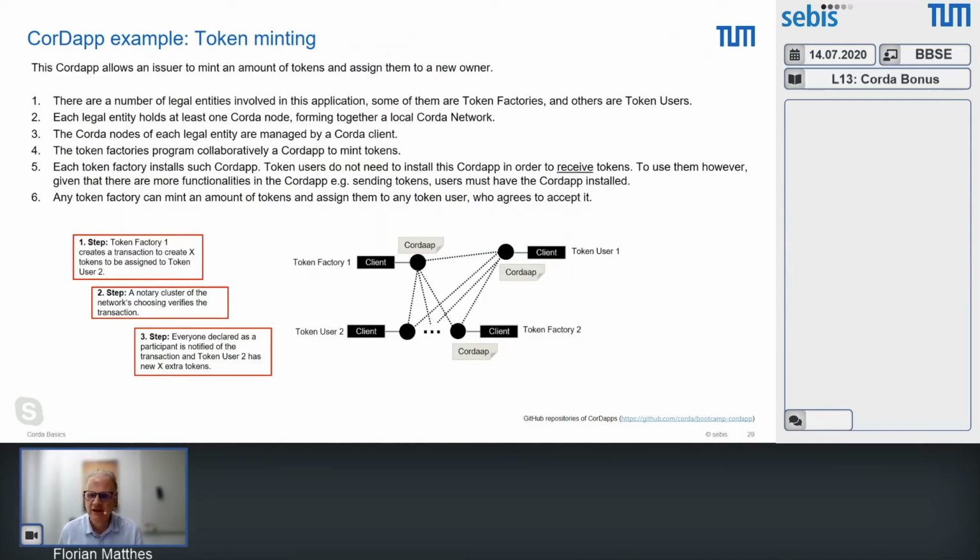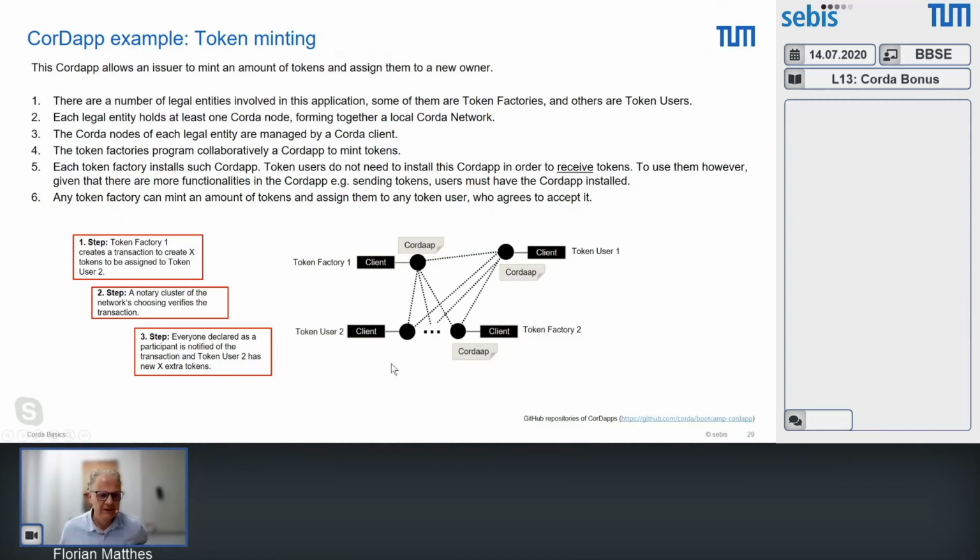So the idea is that we have several token factories and several token users. And now we want to do the initial step that the factory creates a token which is assigned to a user. And the whole network is governed by a notary.